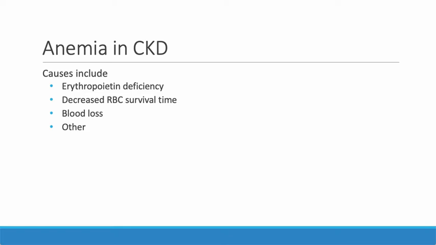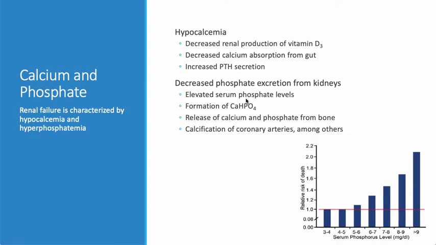They don't respond well to the persistent acidemia, and all that stuff together works to the detriment of RBC survival. So they don't last 120 days anymore, it's less. There can also be blood loss because of the bleeding tendency that happens. And then, of course, there's a host of other reasons that anemia can happen.